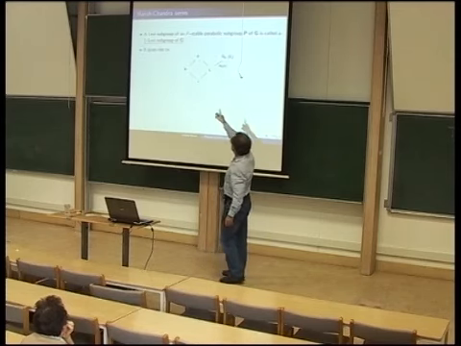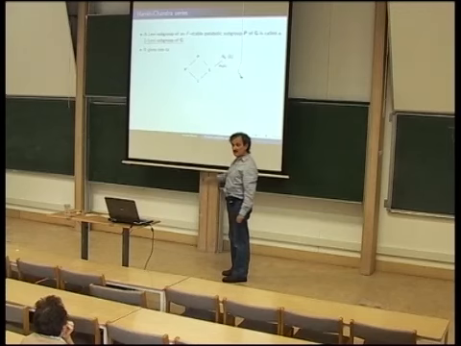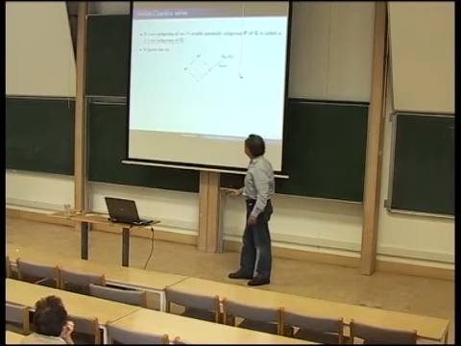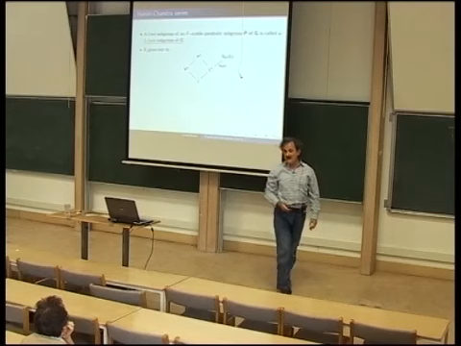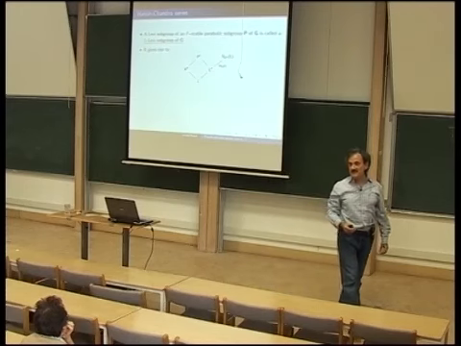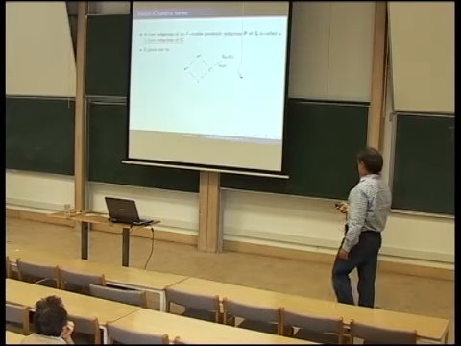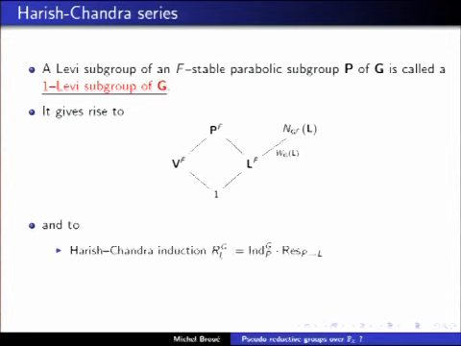This picture is written above in the algebraic group. And since P is F-stable, everything is F-stable, so you can put an F everywhere, and you have the similar picture in the finite group. And so then it gives rise to the Harish-Chandra induction, ordinary induction. It goes from taking an L-module, viewing it as a P-module, and then inducing it up.